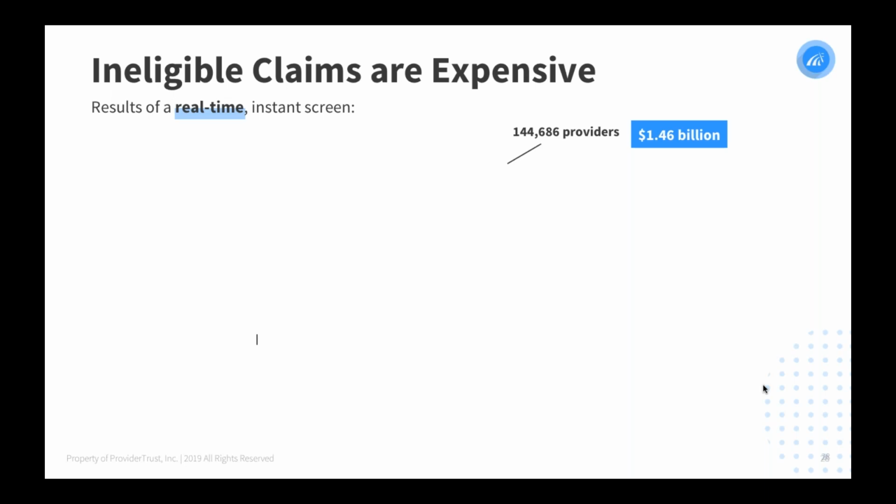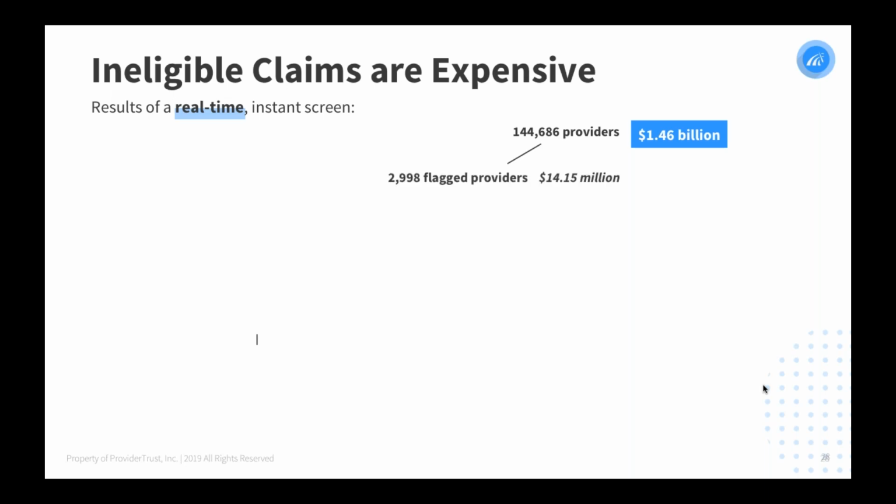This example simply took NPIs and was the result of a real-time screen. So where we started was with roughly 145,000 providers. We also got claims data just as part of the demonstration to show some actual real cost savings. So you'll see in the blue boxes as we go along with this example, the claims data associated with it. So 145,000 providers, $1.46 billion in claims.